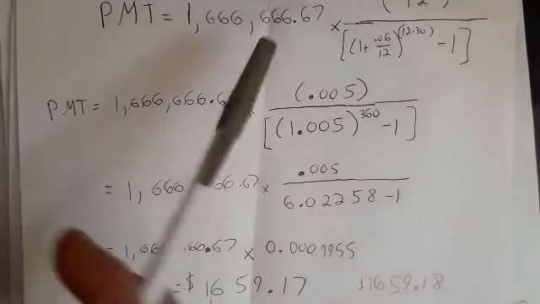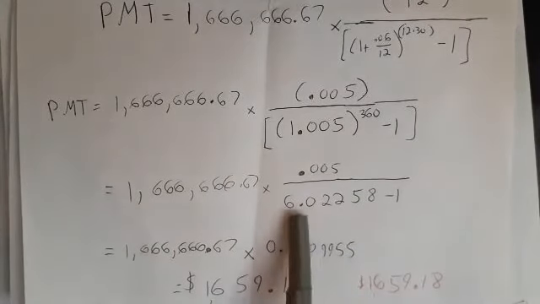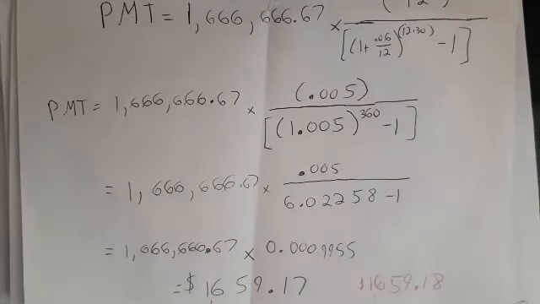And I know I didn't do the subtraction step, but if I do 0.005 over 5.02258, so I have to do the subtraction before I do the division. I know I was a little lazy with that.